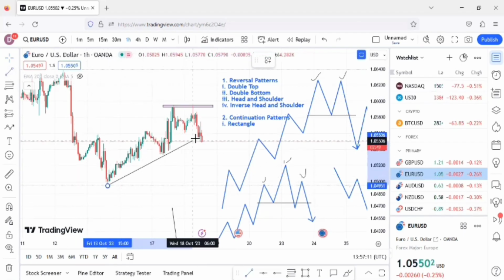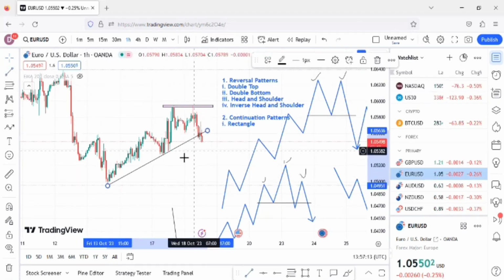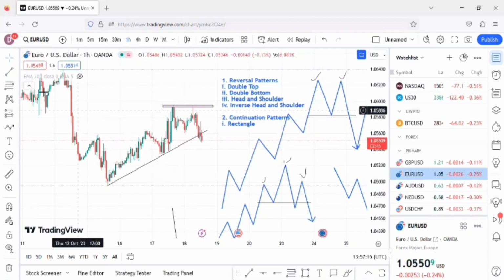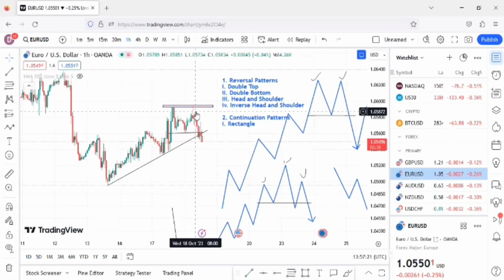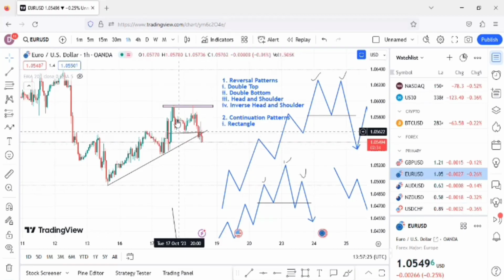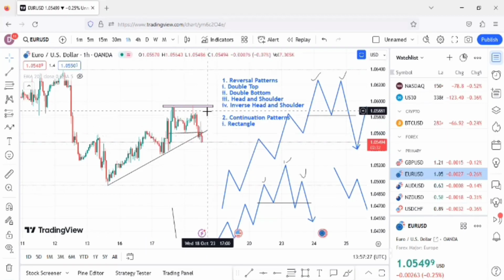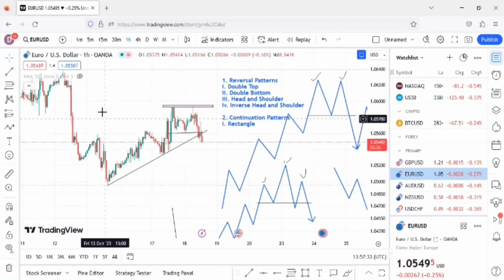You see a double top, a neckline. This shows that the price of Euro USD is about to fall. This market is going to fall because it has broken the neckline, and you can see that it's dropping already.